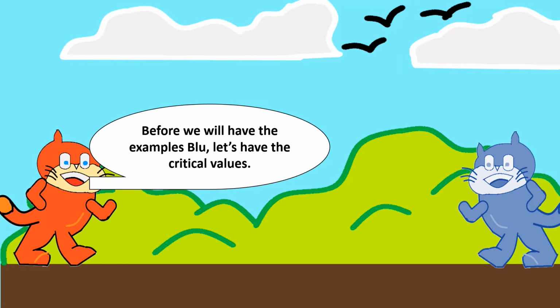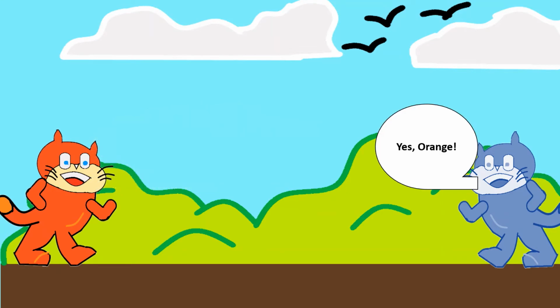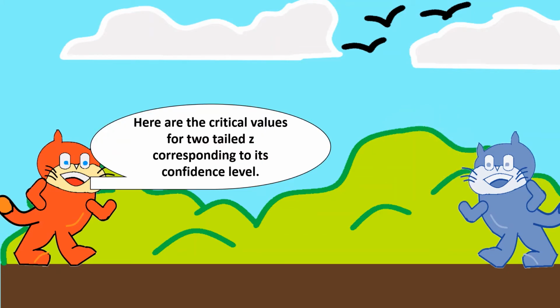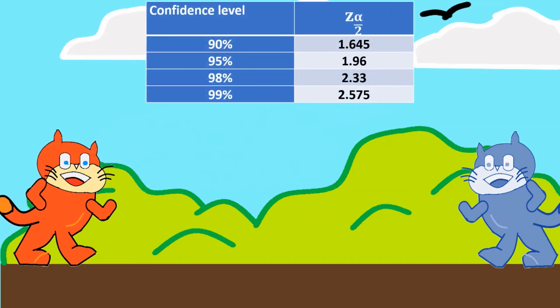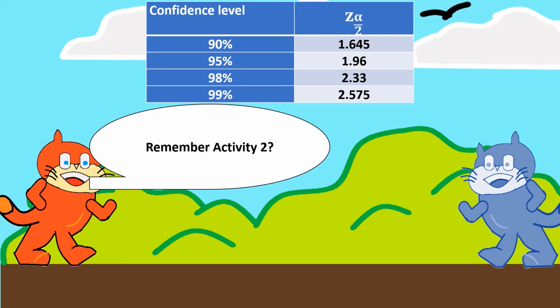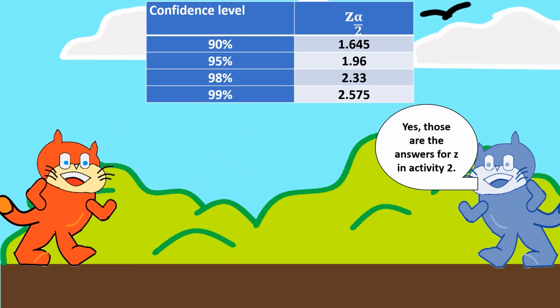Before we have the examples, Blue, let's have the critical values. Yes, Orange. Here are the critical values for the 2 tail z corresponding to its confidence level. Remember activity 2? Yes, those are the answers for z in activity 2.